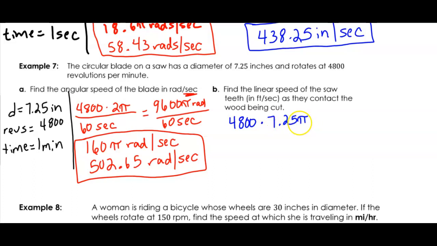Now this is in inches, so put your unit there so you can keep track of things. Over our time. So they want this in seconds. So since they give us our time in minutes, let's just go ahead and put 60 seconds down here. So that's one less thing you have to convert later. Okay, and then from here, you can go ahead and multiply if you want. So if you multiply 4,800 times 7.25, what do we got here?